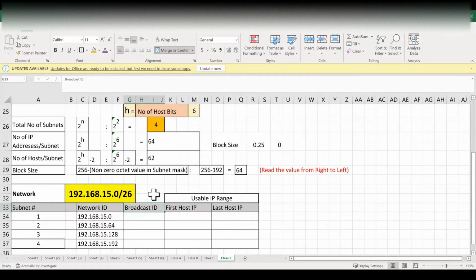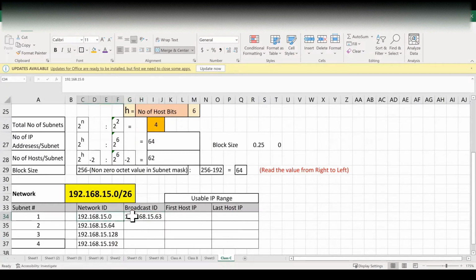Next, we are going to find out broadcast ID for every subnet. The broadcast ID is the last IP address of every subnet. So to get the broadcast ID, we have to deduct one IP address from the next network ID. So our next network ID is 15.64. When we deduct one IP address from this, we will get 192.168.15.63.